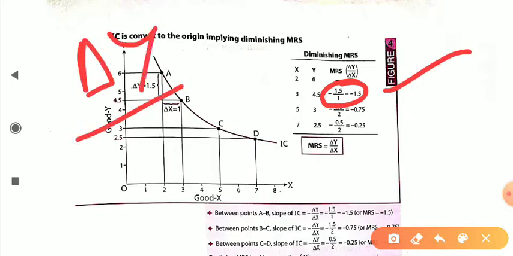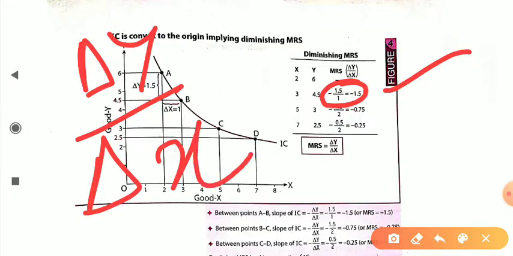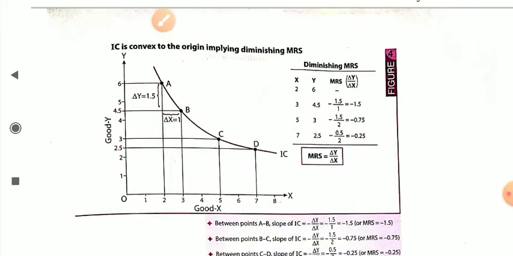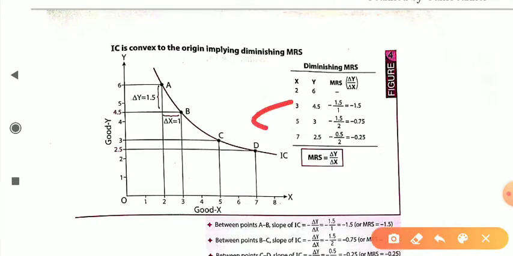Delta y divided by delta x: whatever change in y, when you divide that change by the change in x, you will easily get your MRS. Next, in the case of good x, we move from the third unit to the fifth unit and from 4.5 to 3, the difference between them is 1.5, divided by 2, which is 0.75.